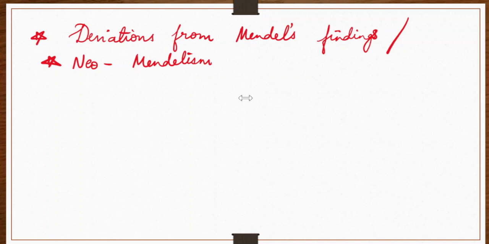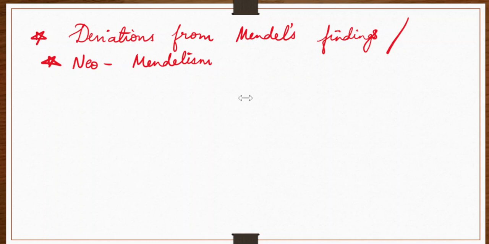Whatever Mendel had found, people got something different, and hence this is known as Neo Mendelism. This occurred when Mendel was not there, so it was the post Mendelian era.